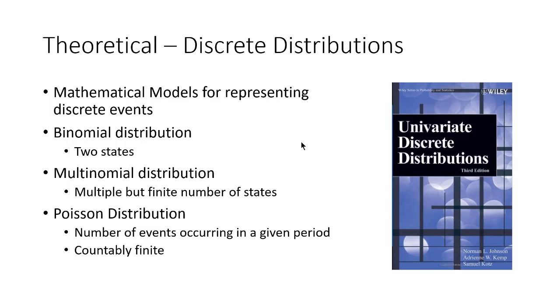Rolling a die is a very common example of a multinomial distribution in statistics, because the die can take one of 6 possible states. For the binomial distribution, you commonly talk about flipping coins. The first thing that comes to mind when we talk about probability is coin flips or rolling a die, and those are your binomial and multinomial distributions. And I talked about Poisson a little bit, the number of events that happen, like the number of rainfall events that would happen in a year at any given location.